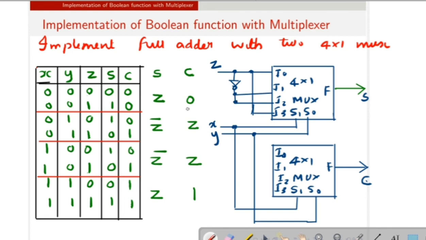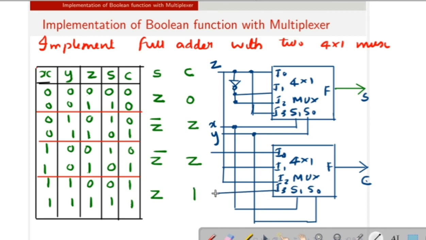Then for carry, I0 is equal to 0. Then I1 and I2 are Z. So here we take Z, that is given to I1 and also I2.